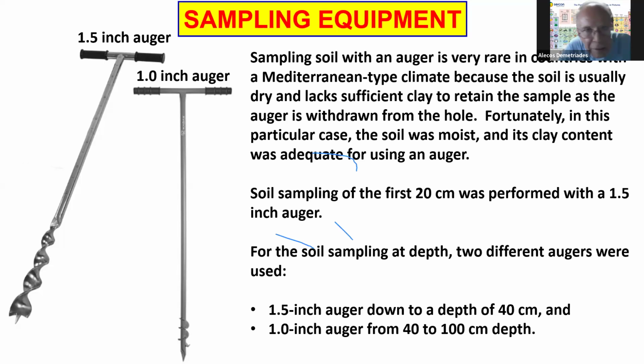Fortunately, in this particular case, the soil was moist and its clay content was adequate for using an auger. So soil sampling of the first 20 centimeters was performed with a 1.5-inch auger and the deeper samples with a 1-inch auger.